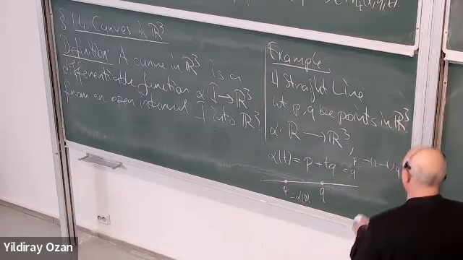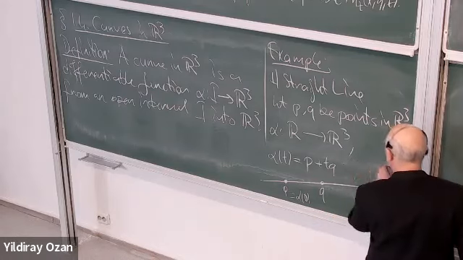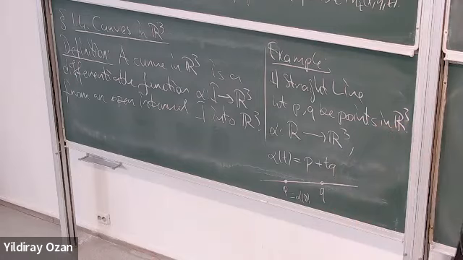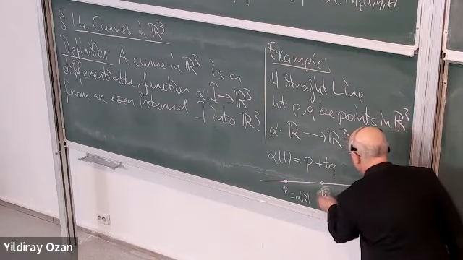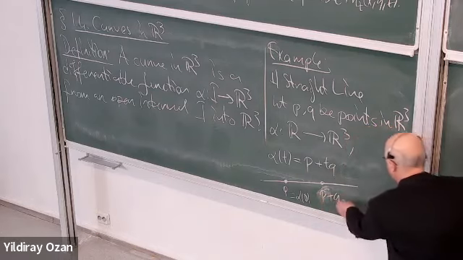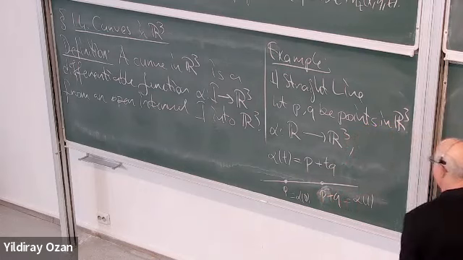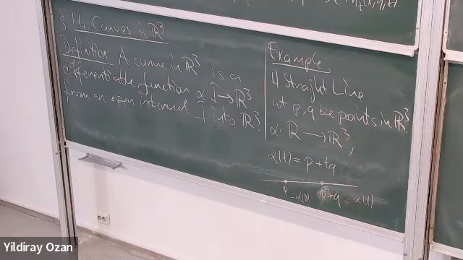Oh yeah, this is not the line joining P and Q, right? Yeah, okay. This is alpha 1.